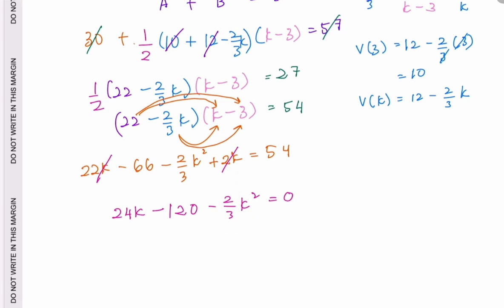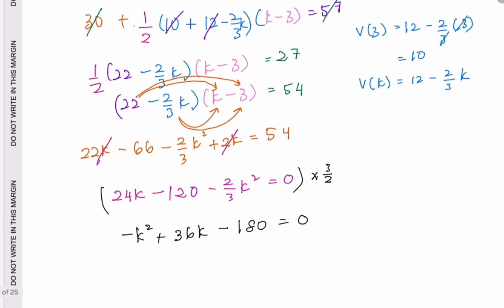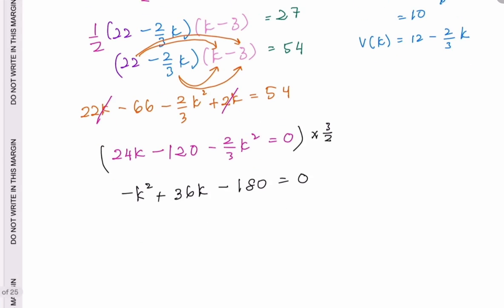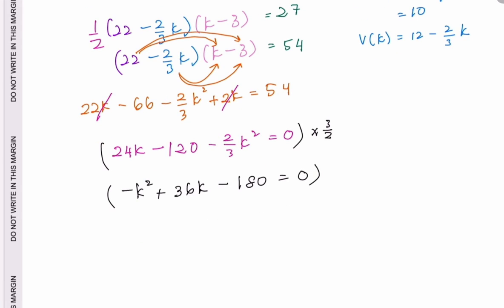How to do that? We will times 3 divided by 2 to cancel this out. It's easy if this is positive, so let's change that. Times everything with negative. So k squared minus 36k plus 180, which is equal to 0.